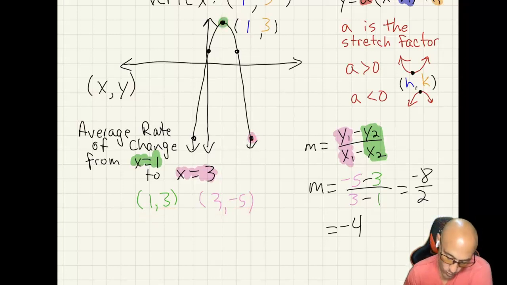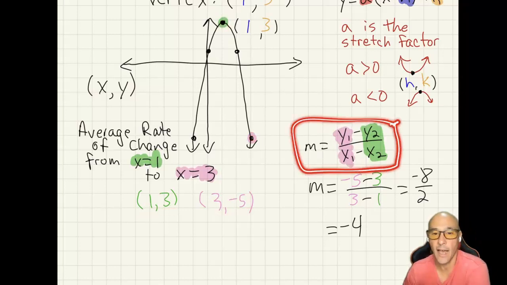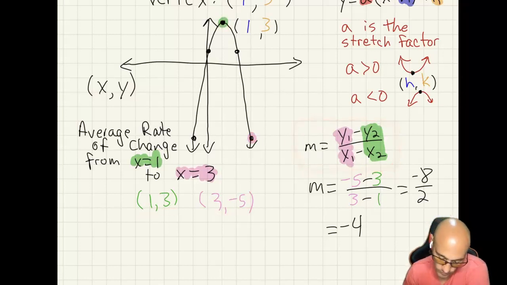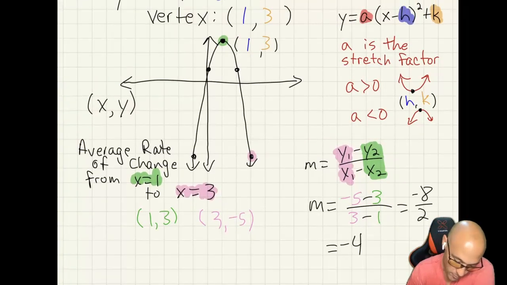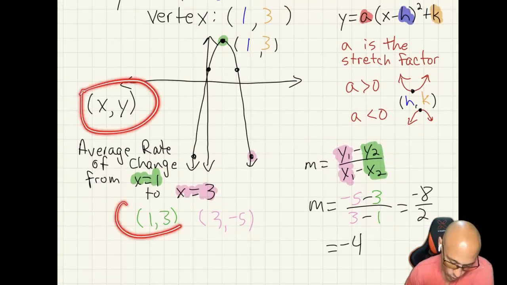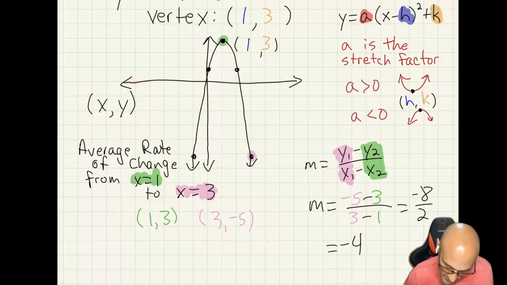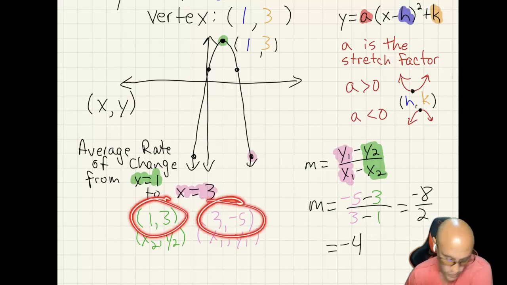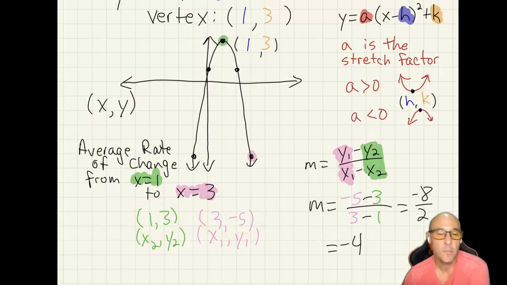Okay. Now we have this equation, which you should definitely have in your notes. And so remembering that these are XY coordinate pairs, I've decided to call this X1, Y1, and this X2, Y2. Now I could have switched these. It doesn't matter. But I just chose to do it this way.